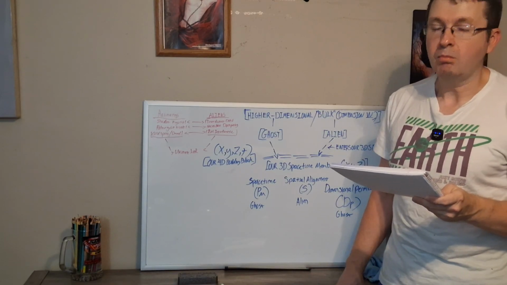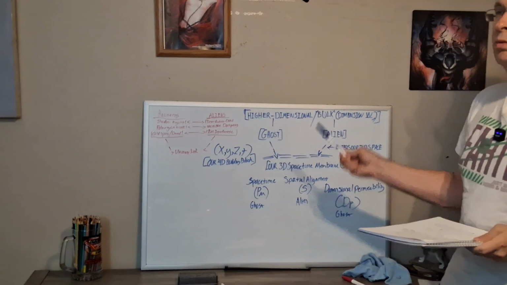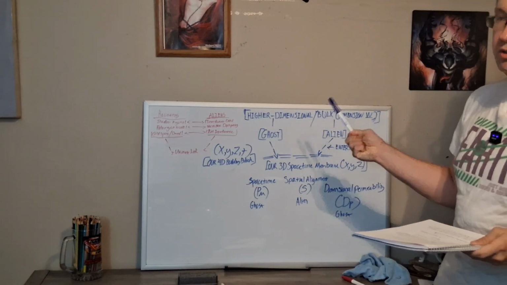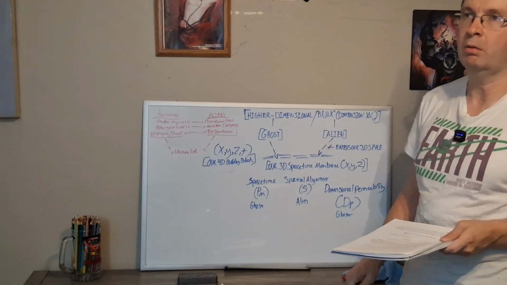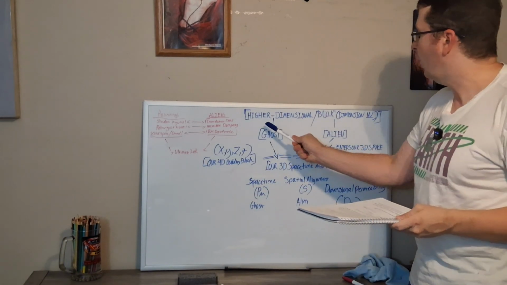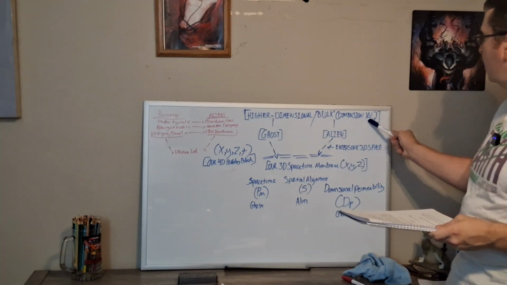Now, here's how we're going to decipher this theory. I know I'm going around in circles on that one. So we have the higher dimensional bulk, dimension W.